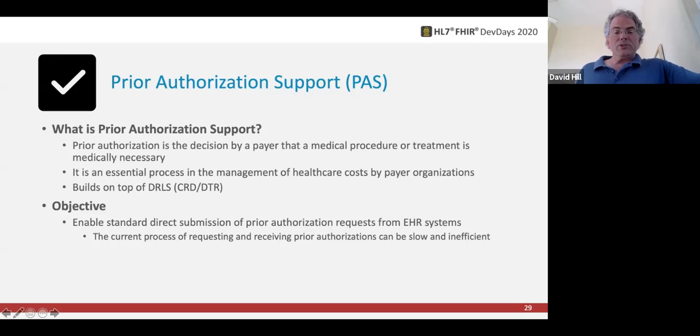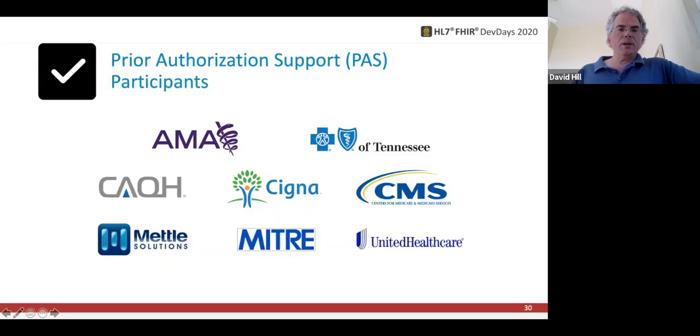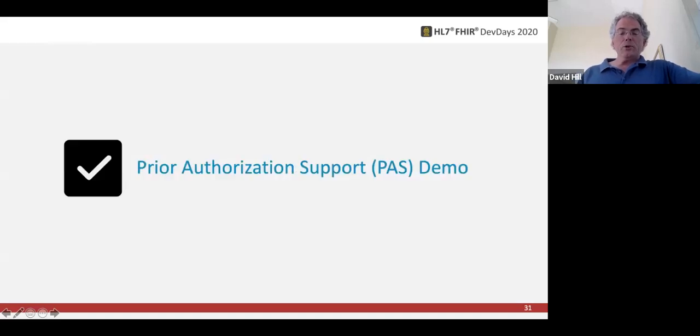So we're trying to make it all electronic, done directly through the EHR systems, so that the information and the approvals can come back much more quickly, which benefits both the provider and the patient. There's a number of people involved in this effort as well. I also have a demo for this, and this demo is done by my MITRE colleague, Ben Langley.